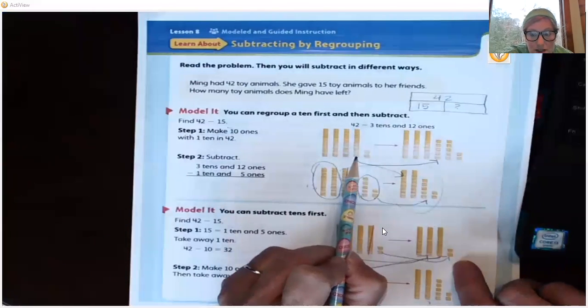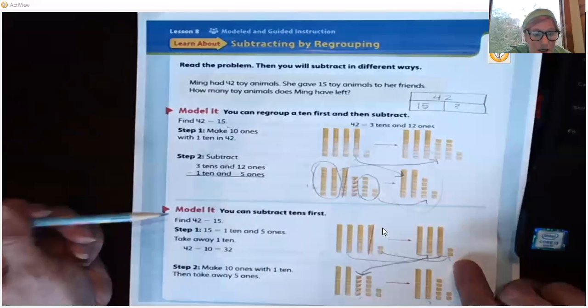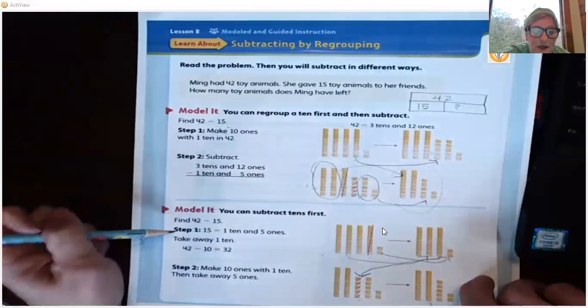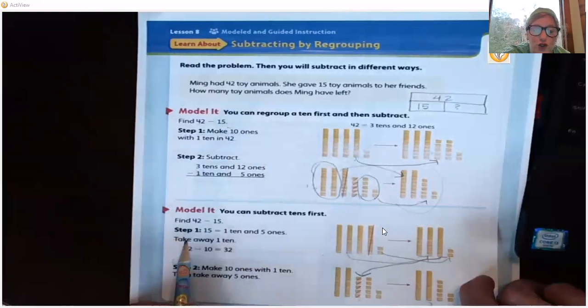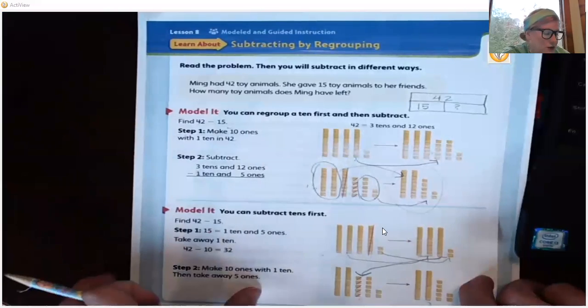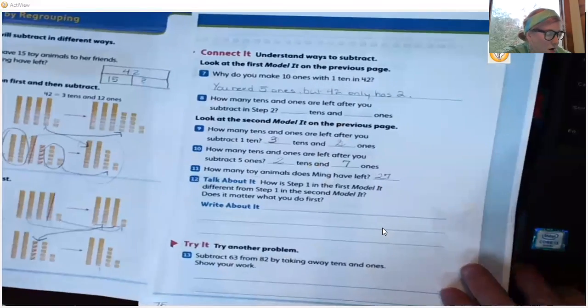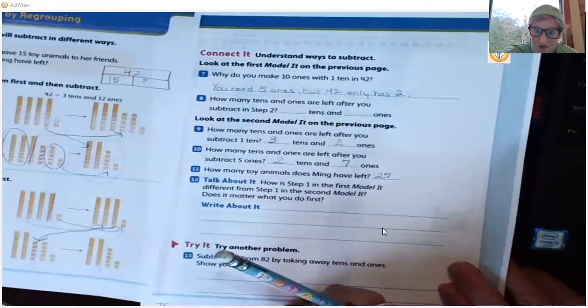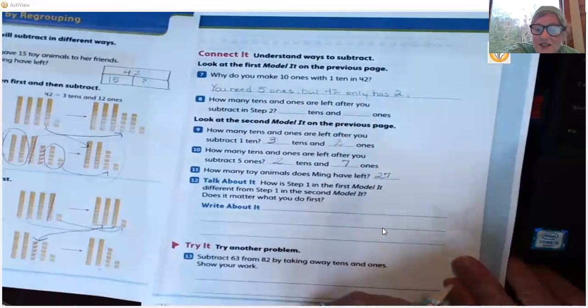So you're turning this 10 into 10 ones. And step 1 here, 15 equals 1 10 and 5 1, so you're going to take away 1 10. So how is it different? And does it matter what you do first? You can pause the video and go ahead and write down your answer.